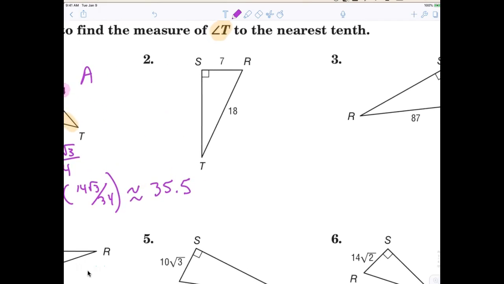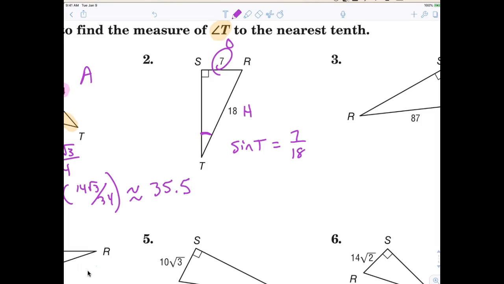So everybody look at number 2. I'm looking at T. I'm trying to find the measure of angle T. So what is 7 with respect to T? Opposite. What is 18? Hypotenuse. So what trig function is opposite and hypotenuse? Sine. That's how simple. Sine of T is equal to 7 over 18.